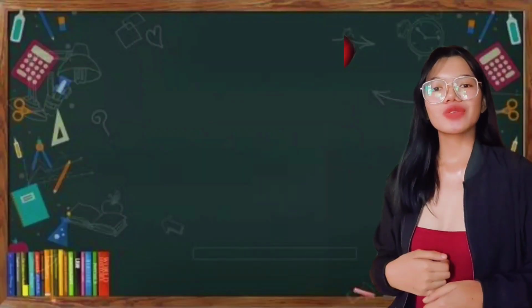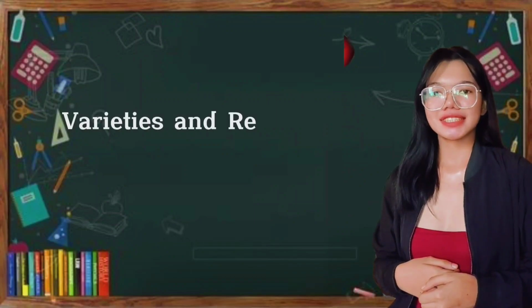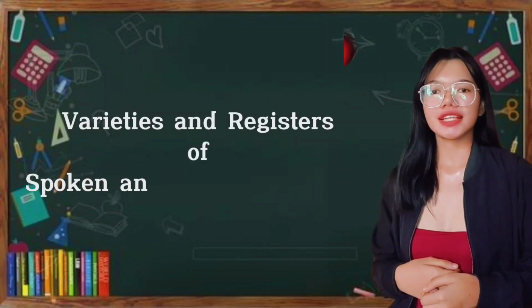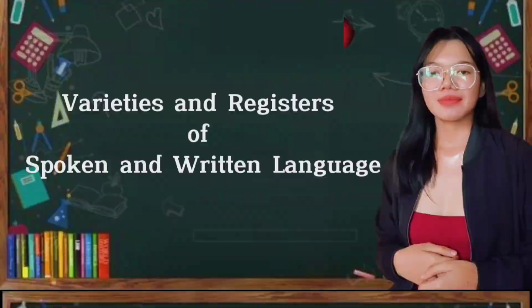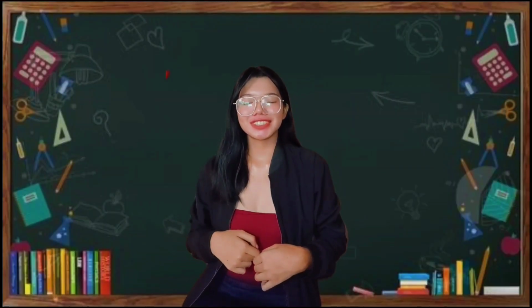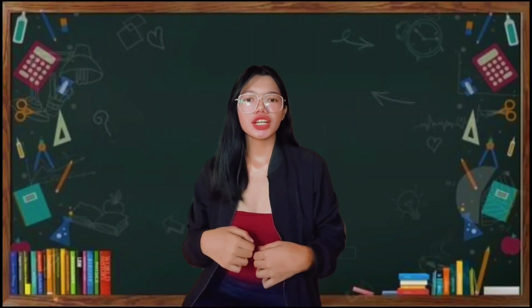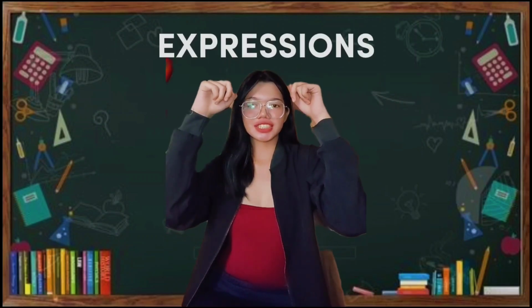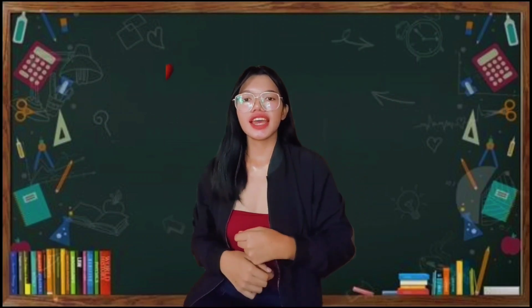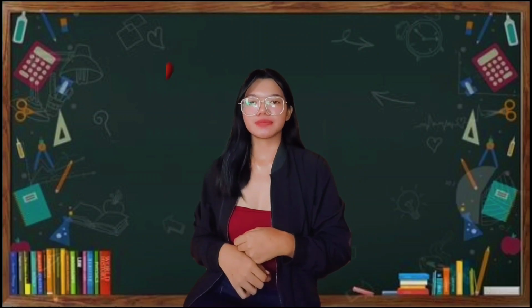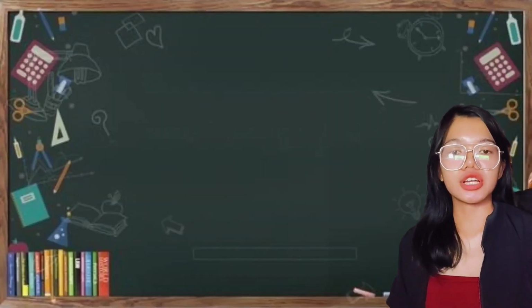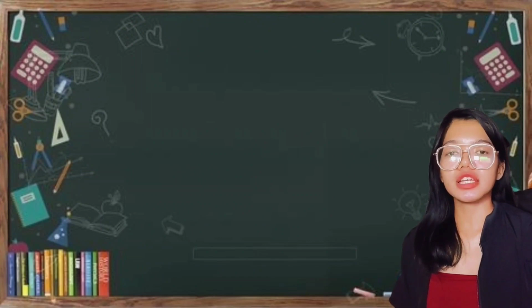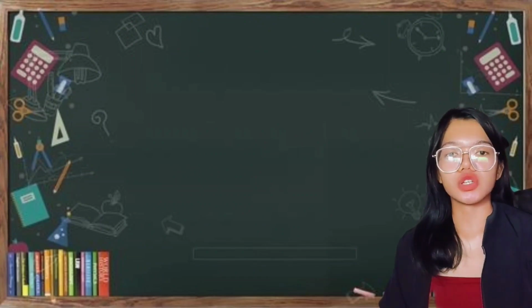And today, we will discuss the varieties and registers of spoken and written language. In a multicultural society, people must use culturally appropriate terms, gestures, expressions, and images in any communicative situation. Bakit nga ba necessary ang terms, gestures, expressions, and images sa isang communication?